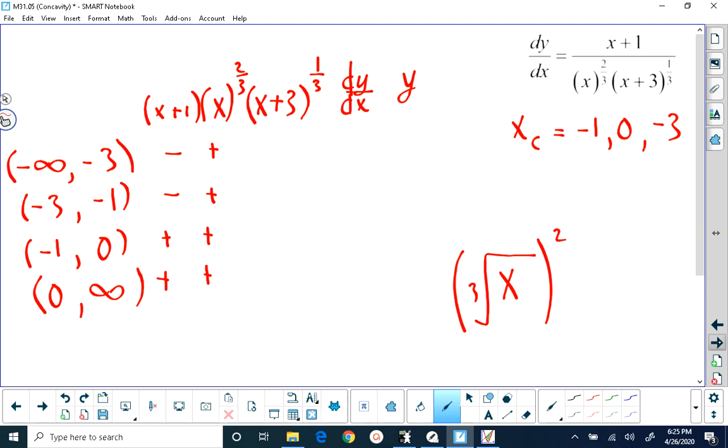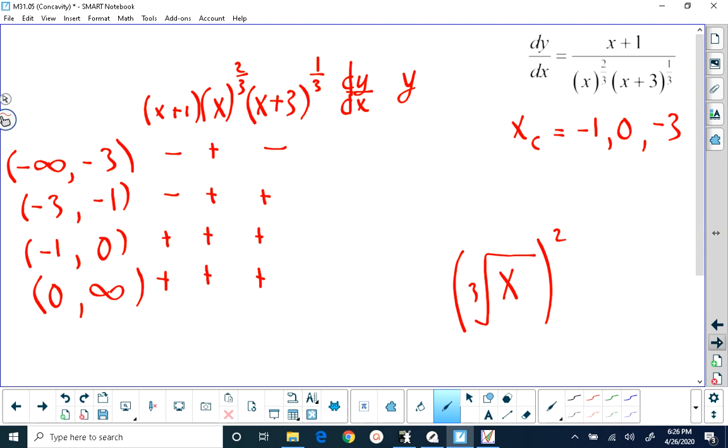X plus 3 is going to be negative in this interval, and that means x plus 3 to the 1/3 will be negative, because a power of 1/3 means a cube root. So when x plus 3 is negative, the cube root of x plus 3 is negative. When x plus 3 is positive, the cube root of x plus 3 will be positive. What does this tell us?